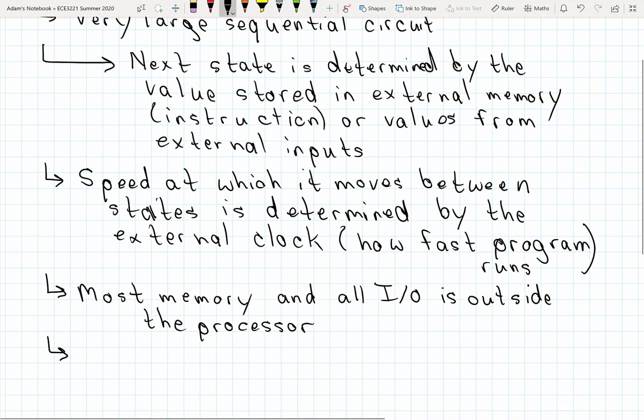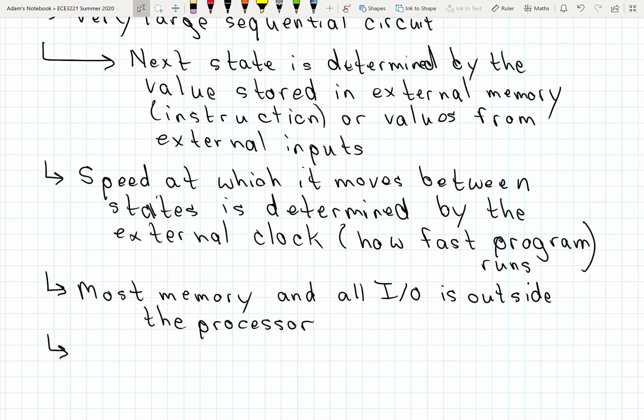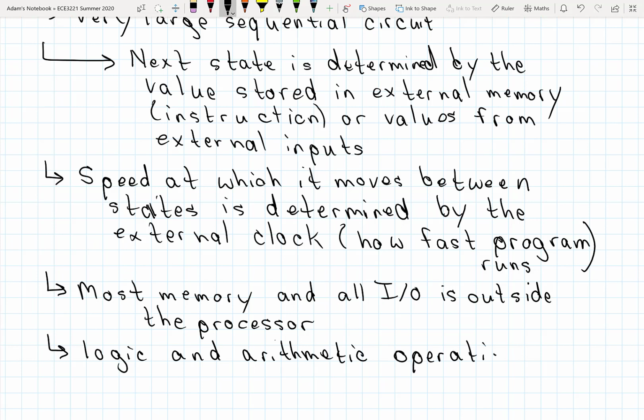Okay, and again, here we're talking just specifically about the processor itself. Logic and arithmetic operations take place in the processor, more specifically in the ALU of the processor.